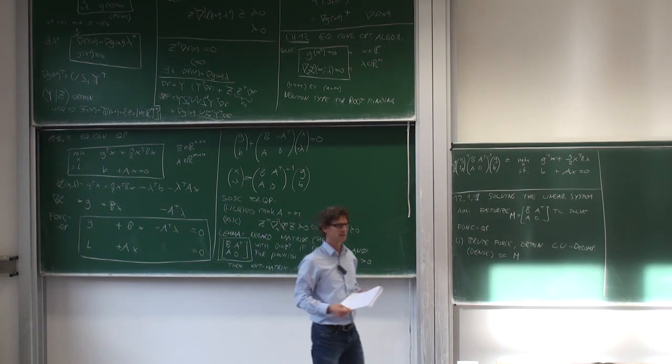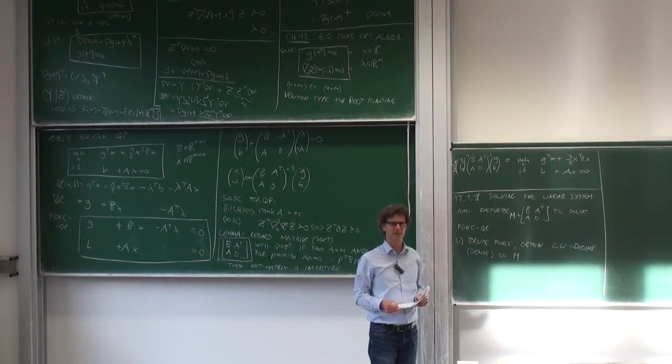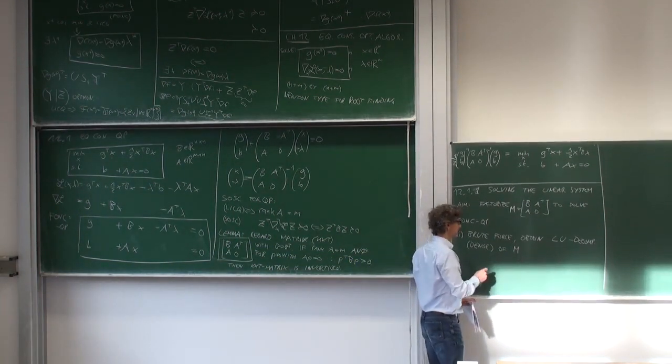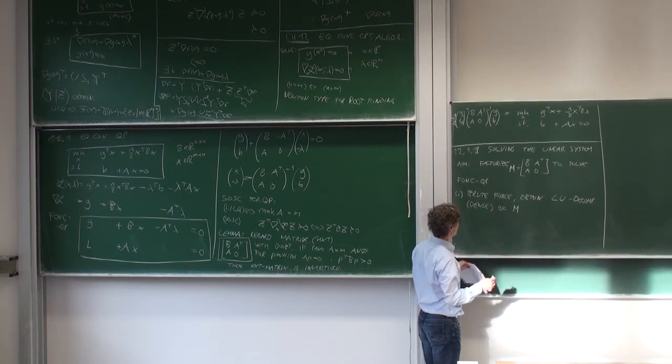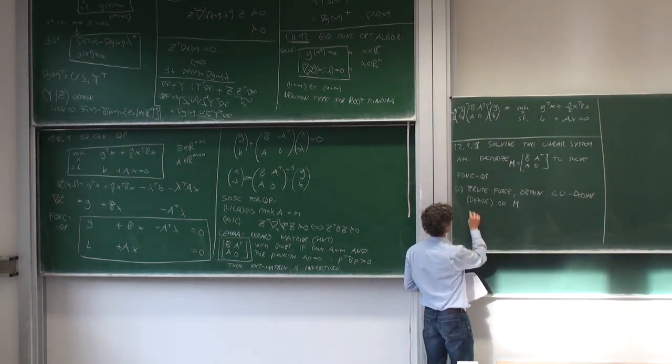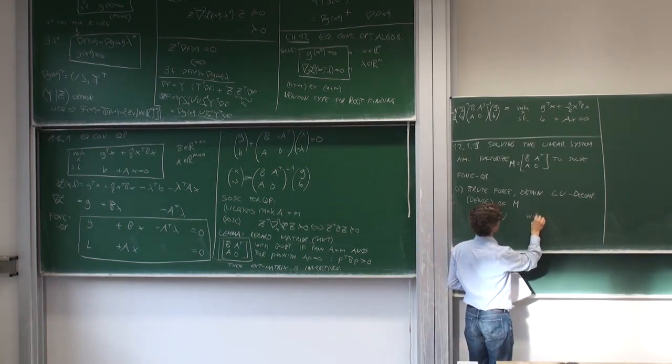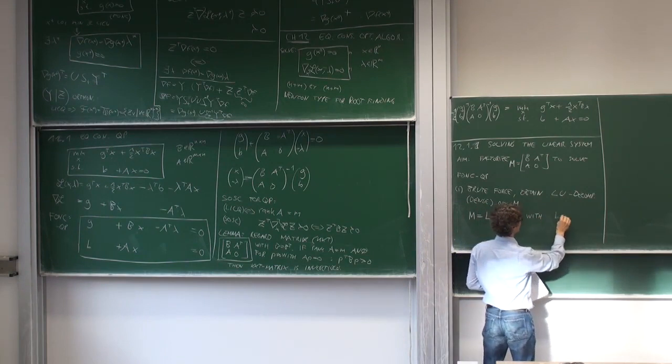Do you know what an LU decomposition is? Everyone happy or not? No? So I just define it in brackets. Actually you can write any matrix that's invertible as L times U with L lower triangular.